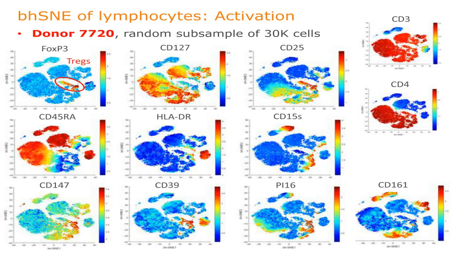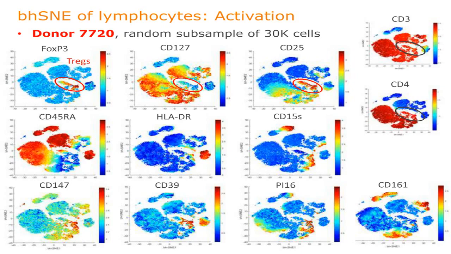You can also take a look across all of these other markers, which we'll work through, and we can find our T regulatory cells, as just showed up in the red circle, that they're CD127 dim. If I overlay the expression of CD127, you can see this area is light blue, or a lighter color.